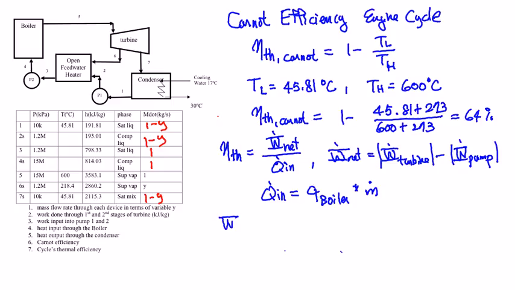So the work of the turbine is going to equal the mass flow rate of 6 times the work into the first stage of the turbine. So mass flow rate of 6 is y times work.